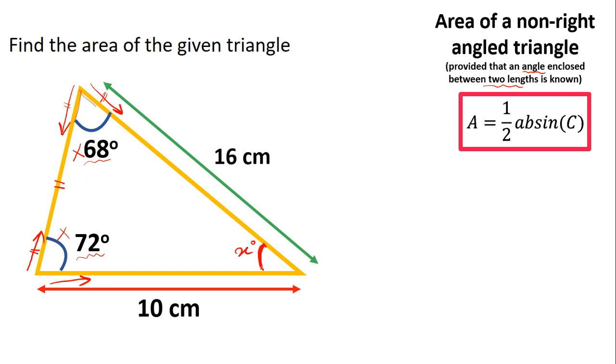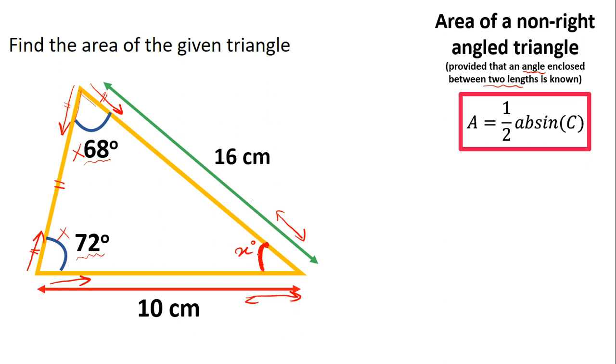But can I find this angle? Yes, I can. And why do I need to find this angle? Because the two lengths given to me are 16 and 10, and this angle is the one enclosed between the 16 and the 10. This angle is missing, it's x.